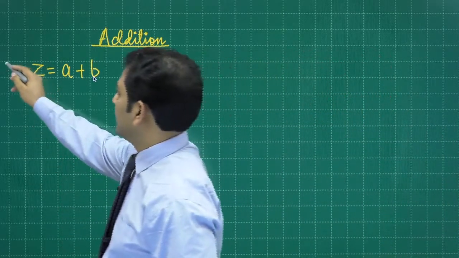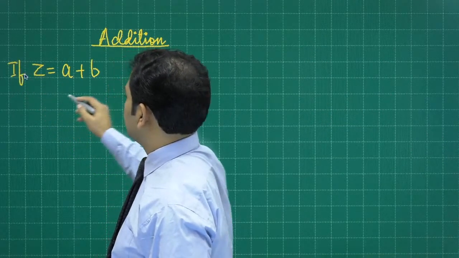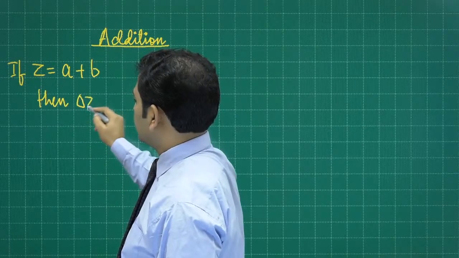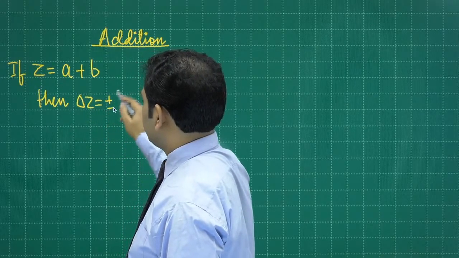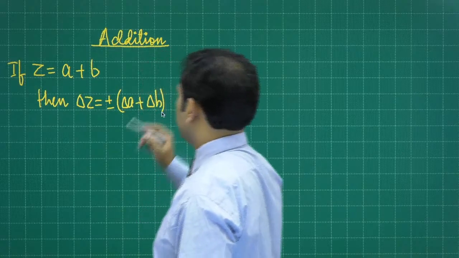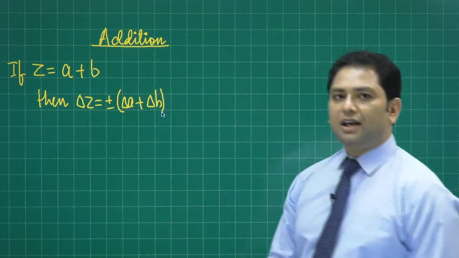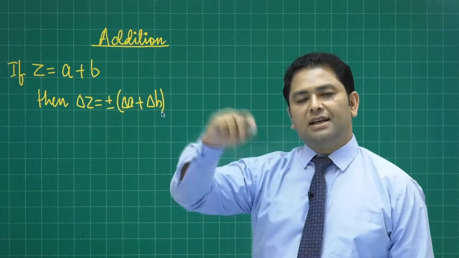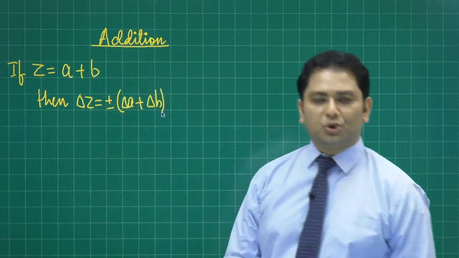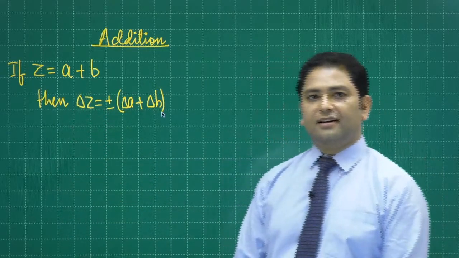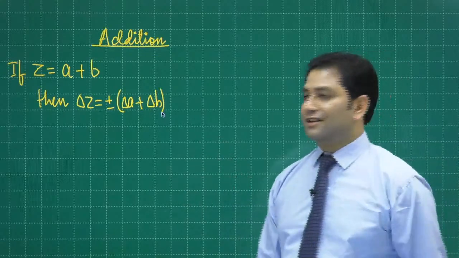So we write it this way: delta Z will be plus minus delta A plus delta B. If two quantities are added, then the mean absolute errors of those quantities are also added to find the resultant. So that's straightforward in case of addition.